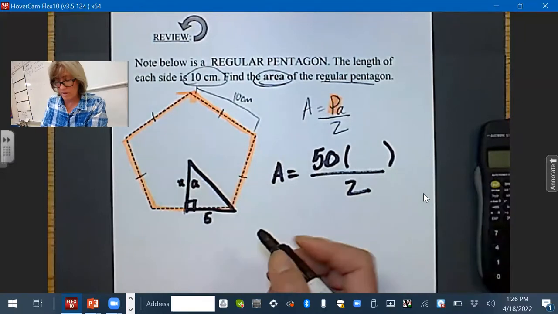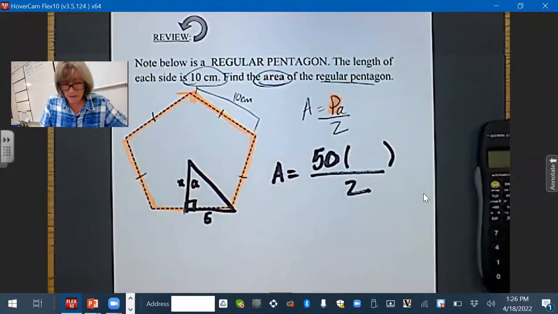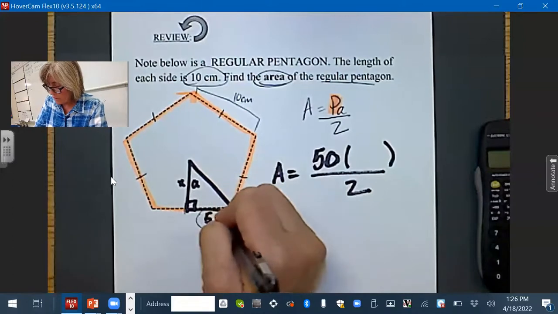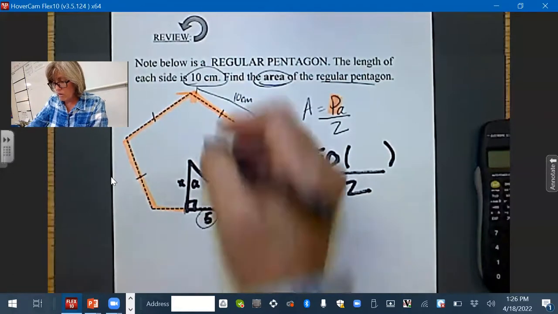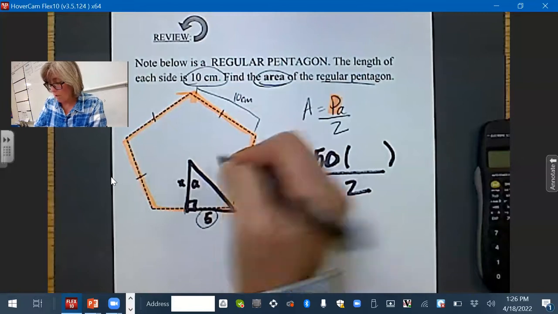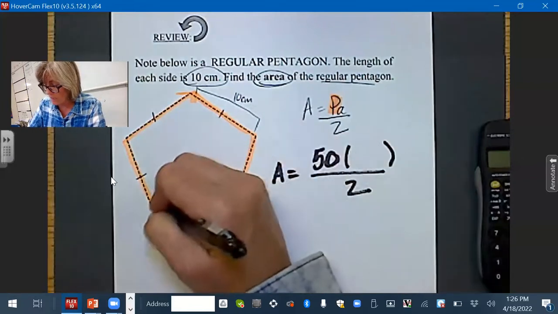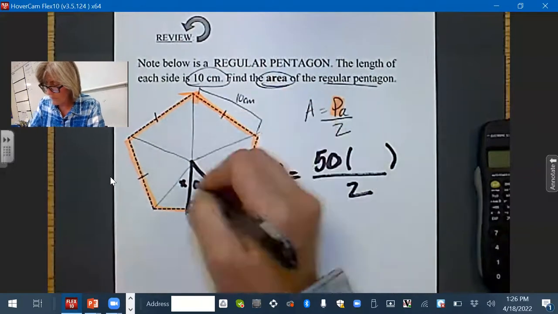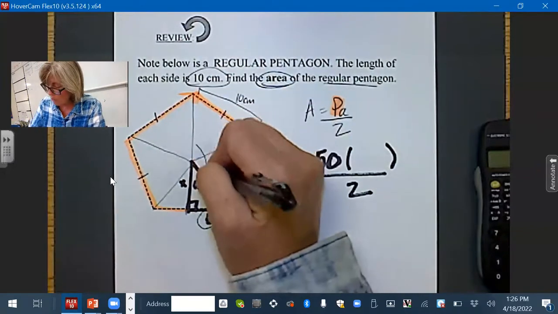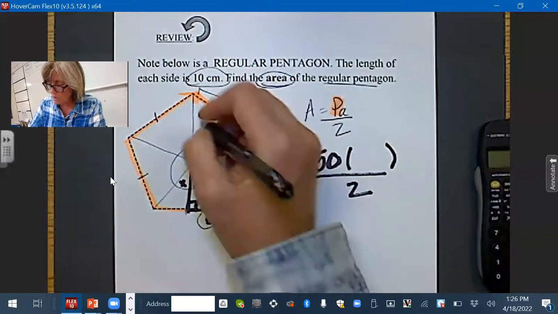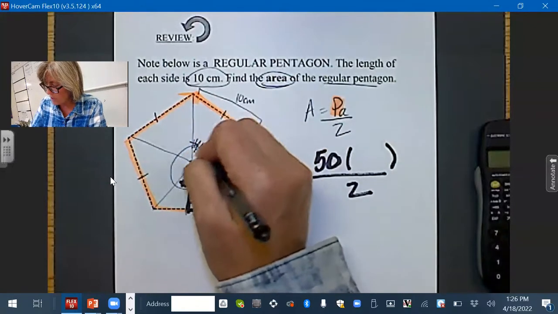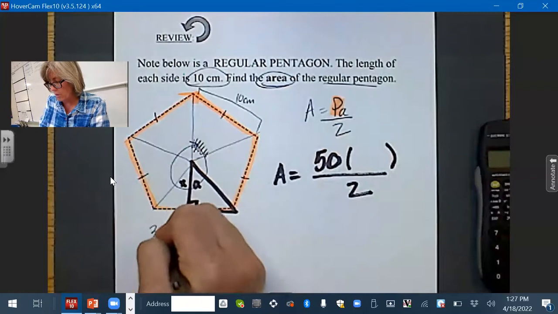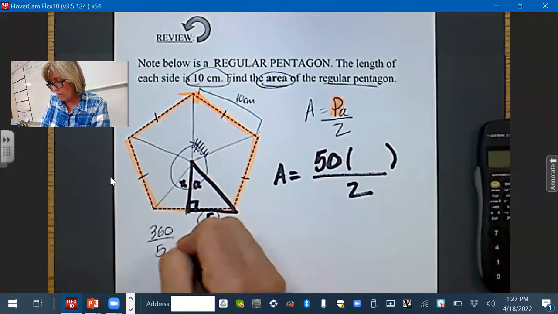We want x. Now you're back to have, need, do. So right here, we need an angle to work with. Obviously, we have a side length, so we're going to make our circle. We go all the way around our pizza slices, and we see that one pizza slice is going to be 360 divided by 5.